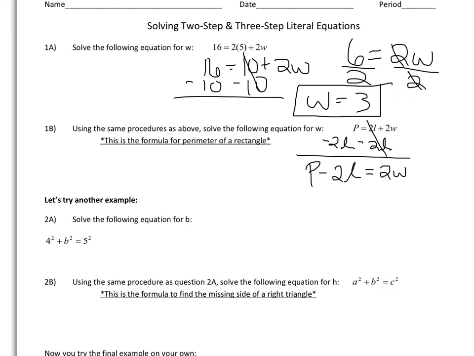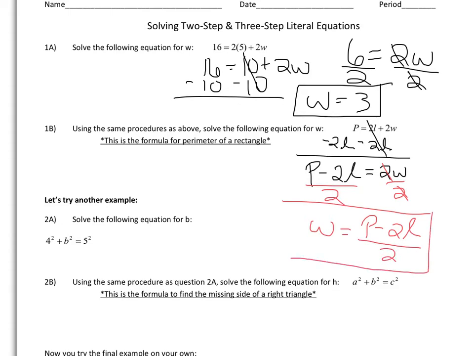We're going to divide by 2 here. So now we have w equals p minus 2l all over 2. And that's it. Let's try another example.